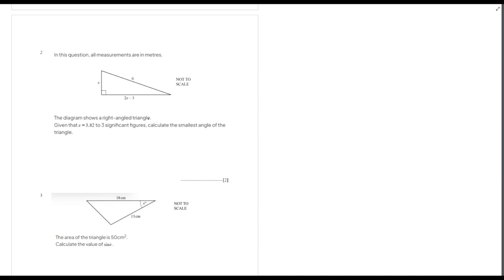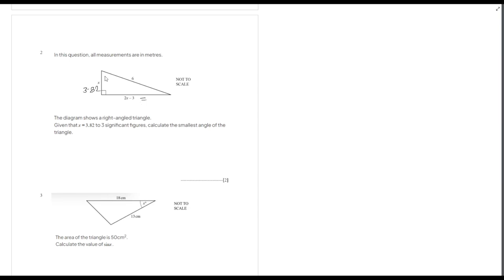Now as this is a right angle triangle, and they have mentioned that x is 3.82, I will write x as 3.82, and 2x minus 3 is 2 times 3.82 minus 3.